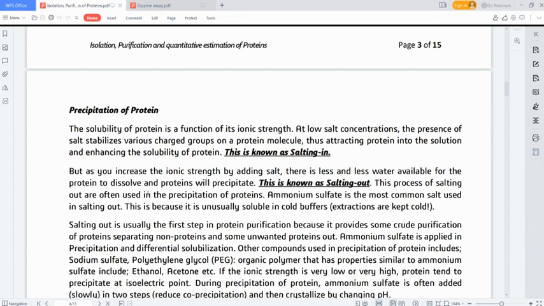When the buffer is cold, most solutes don't dissolve when the temperature is at the extreme, very cold. Do you understand? But ammonium sulfate dissolves perfectly well even at -4 degrees. So we normally use it in salting out protein.